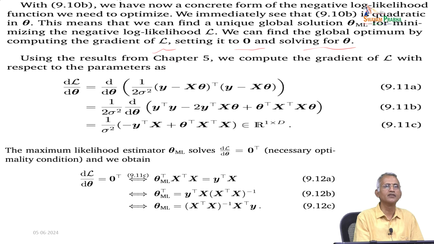So, using this result from the chapter, we compute the gradient of L by differentiating with respect to theta. We have d by d theta of 1 by 2 sigma square of (y minus x theta) transpose (y minus x theta). Now, 1 by 2 sigma square is constant, take it outside, and d by d theta of the product term: y transpose y minus 2 y transpose x theta plus theta transpose x transpose x theta will come.